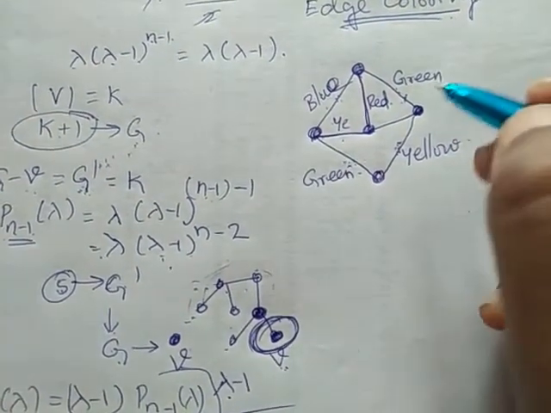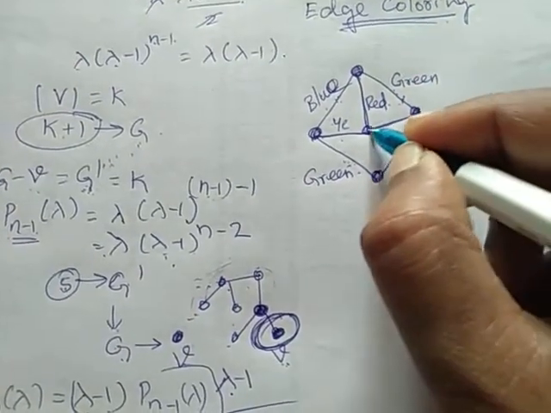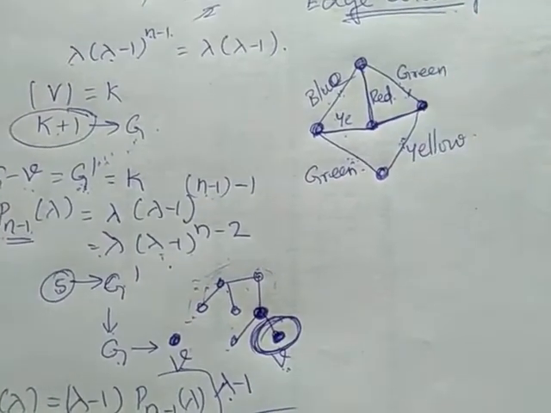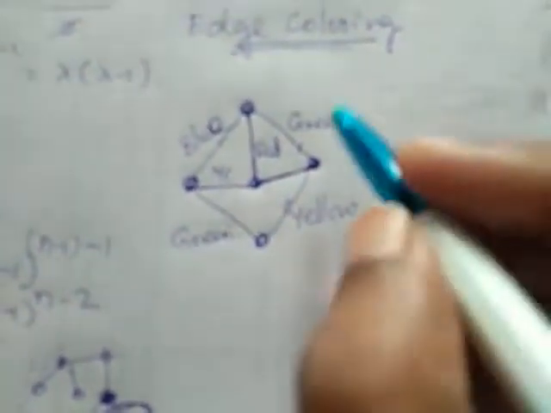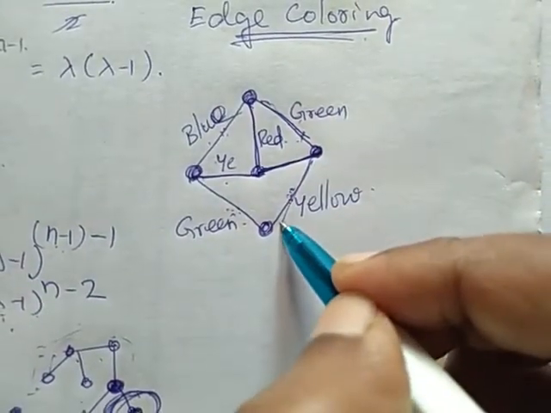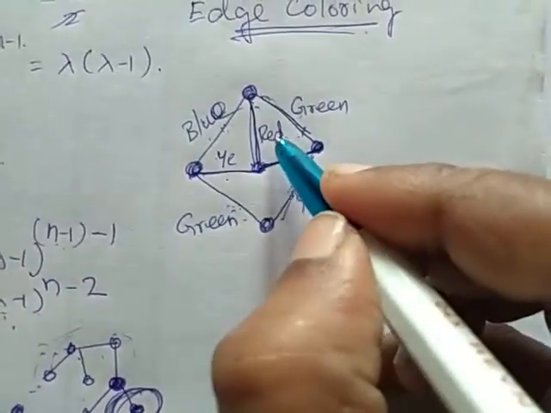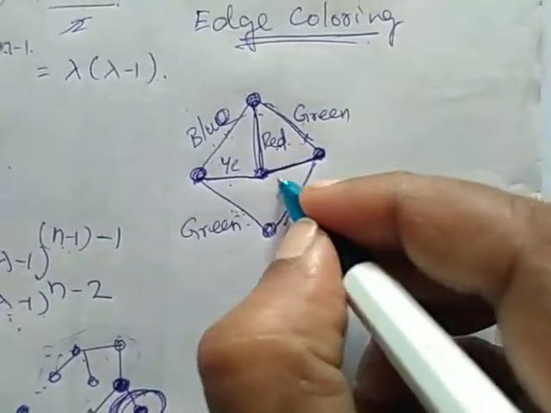Similarly, this edge is adjacent to this edge and this edge. So I cannot choose red, I should not choose green, I should not choose yellow, I can choose blue.